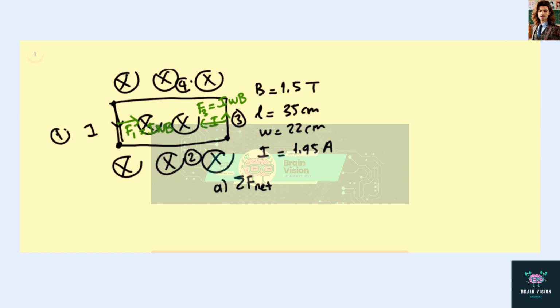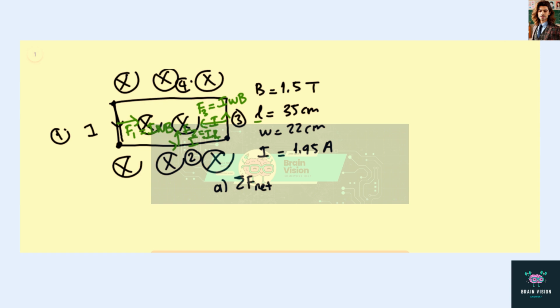So let's try and calculate the magnitude of the force exerted on segment 2. Again, this is the direction of the current. If we align our thumb with the direction of the current and the rest of the fingers along the direction of B, curl your fingers 90 degrees, you're going to see that F2 is actually up, and the magnitude would be IL this time.